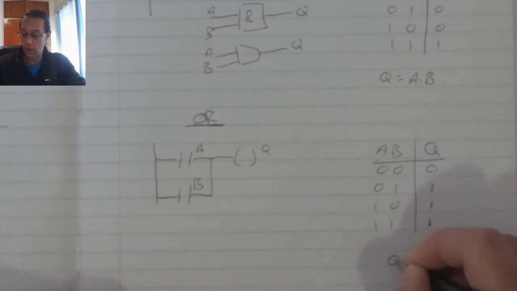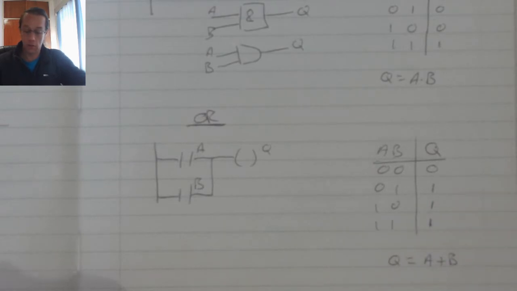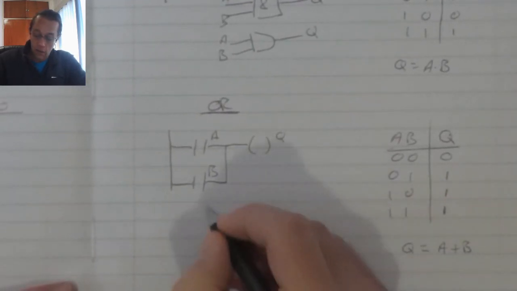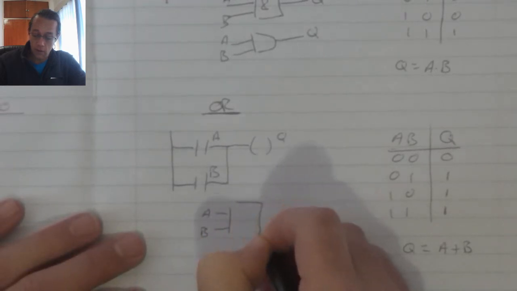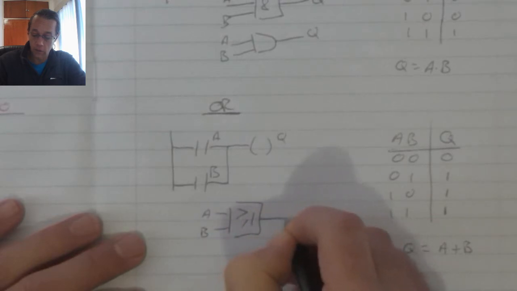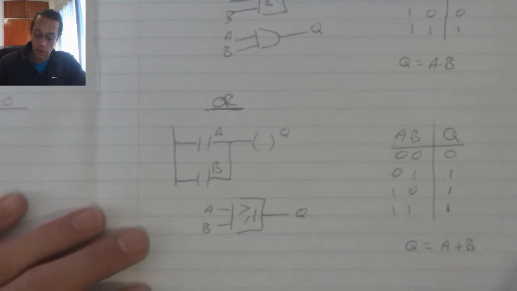To represent this in expression, we say A plus B. Symbol: A and B, greater or equal to 1, to give me Q. Now if we compare these two, we see that if the sum of A and B is greater or equal to 1, then the output will turn on. 0 plus 1 is 1, 1 plus 1 is 2, which is greater or equal to 1, which means it turns on.